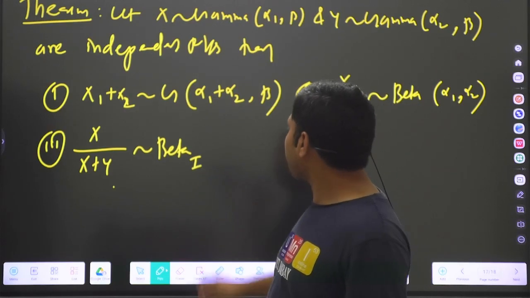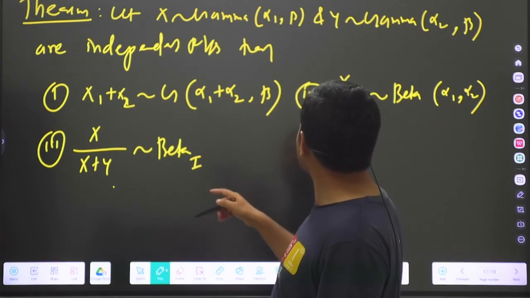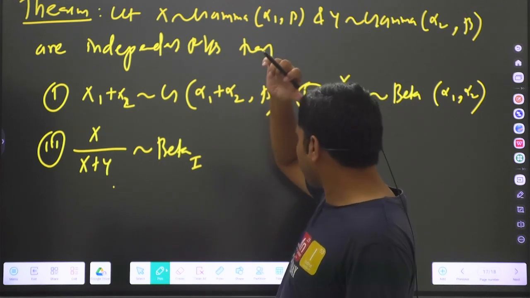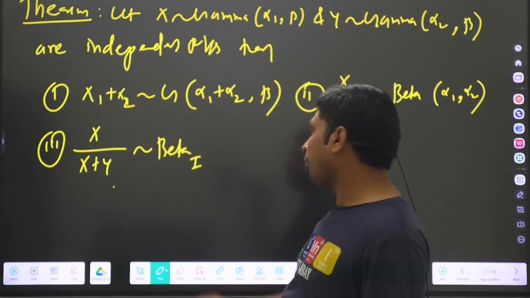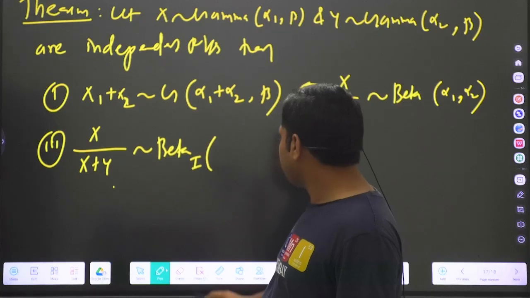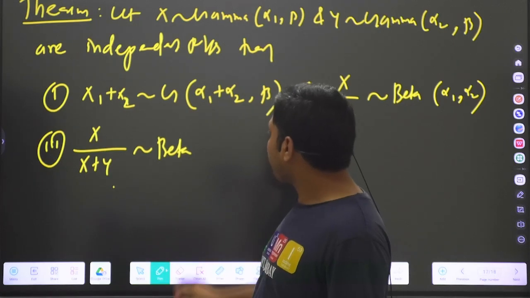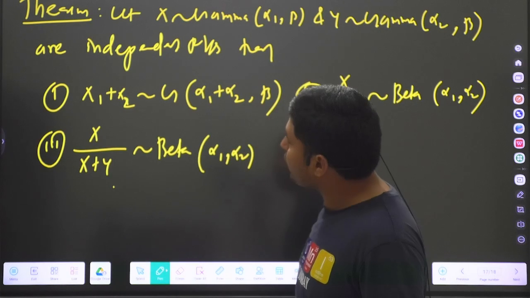Is it beta first kind? If I divide by X, Y upon X is alpha 2, alpha 1. If you divide by Y, I think that is beta 1, that is beta 2. I have to see once. Both are different beta actually.